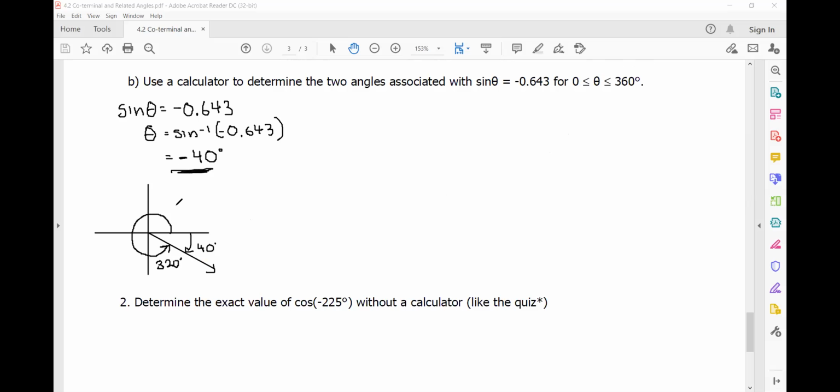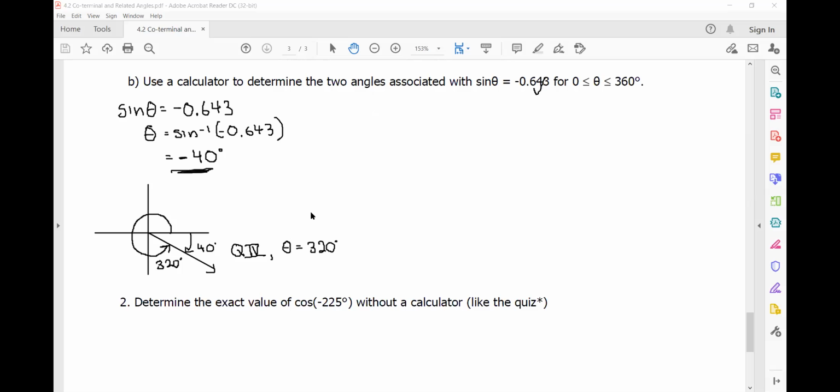So I'm going to use this drawing right here to determine that, okay, in quadrant 4, the angle that gives me negative 0.643 is 320 degrees. Okay? So unfortunately, this does not give me two angles. So the calculator again is limited. What do?